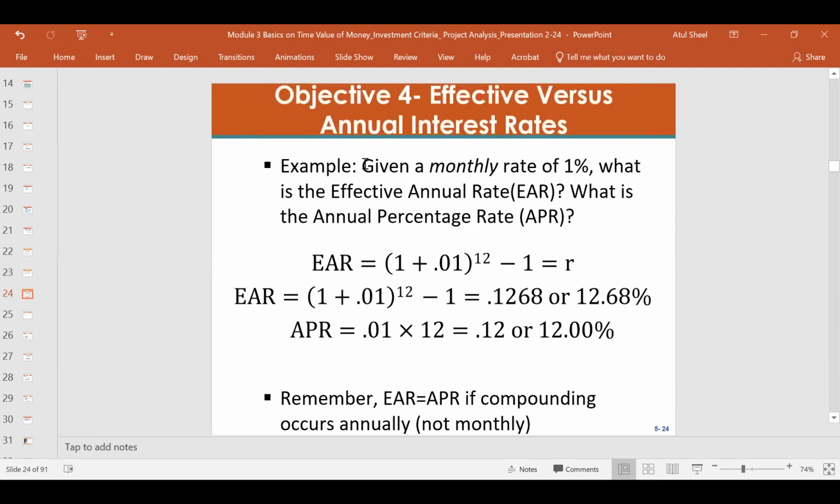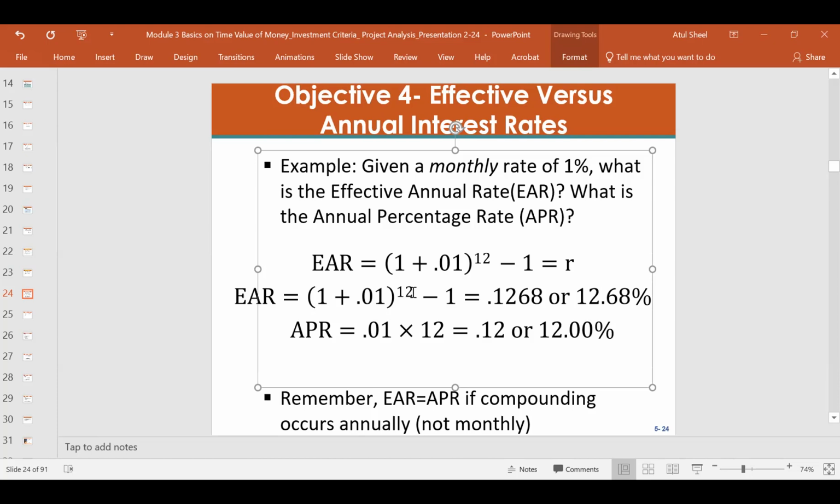Now, if you are given a monthly interest rate of 1%, what is the effective annual interest rate? Now, here we are using compound interest. And what is the APR also? You'll see the difference here. My effective annual interest rate is 1 plus r to the power t minus 1, right? Which is 1.01, 1% is 0.01, my monthly rate.